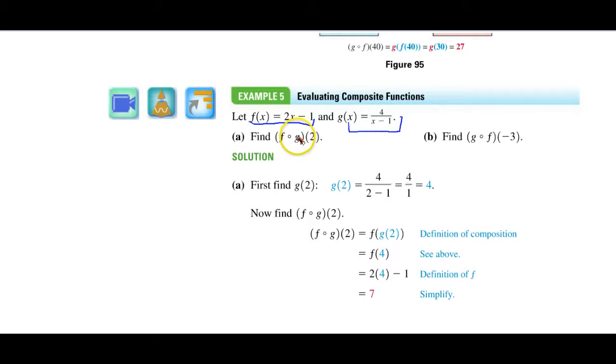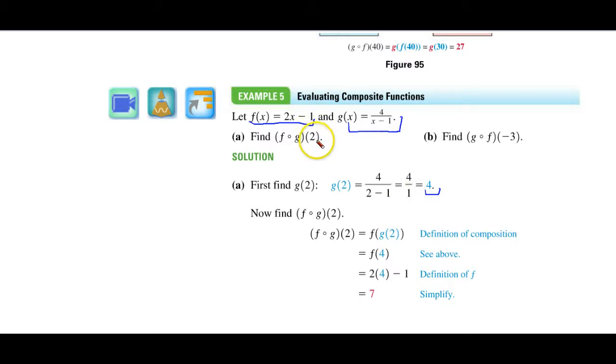So we have to find out what will be the results of our g function when we put 2 into it. So there's our 2. We're going to replace the x with 2. 2 minus 1 is 1. So we get 4 over 1, which is 4.